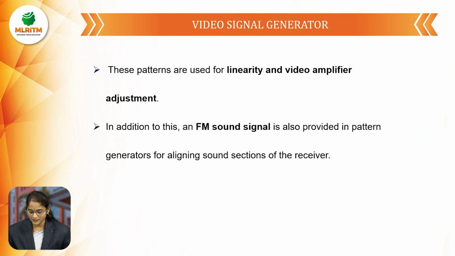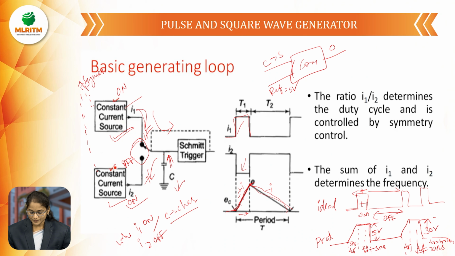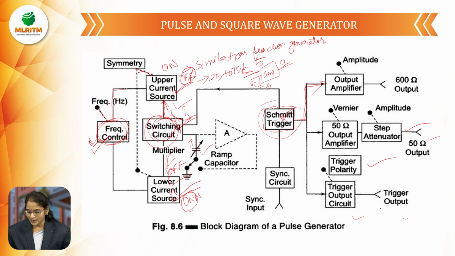When we are generating that signal, here we have the trigger output. In the trigger output, we have the narrow on time and more off time. This is the positive triggering. If it is negative triggering, it should be like this, the narrow on time and more off time.